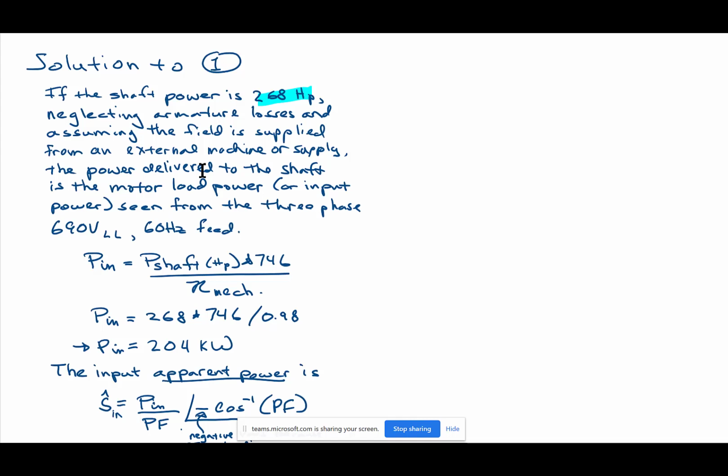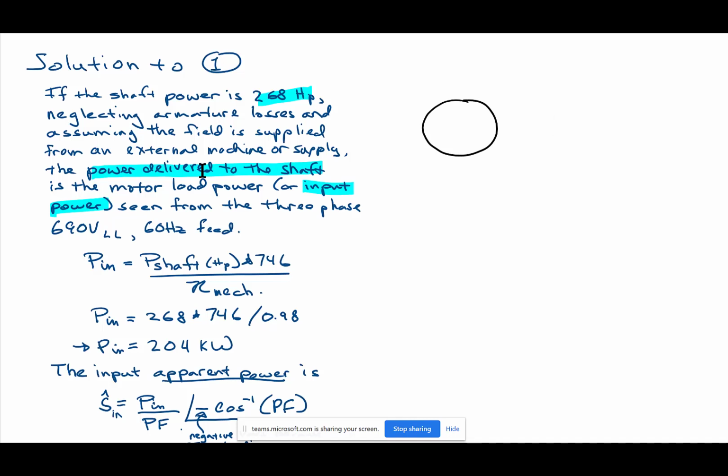Now if we neglect the armature losses, and we assume that the field is applied from a separate supply or generator, then the power that is delivered to the shaft, and that's different than the shaft power, and I'll show this graphically in a moment, is going to be equal to the input power at the terminals.